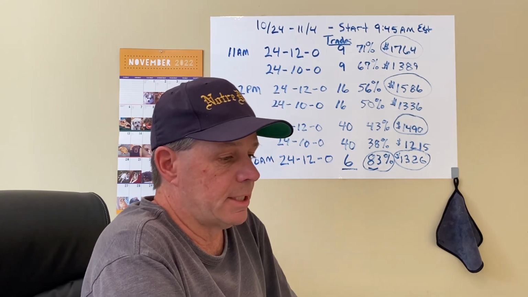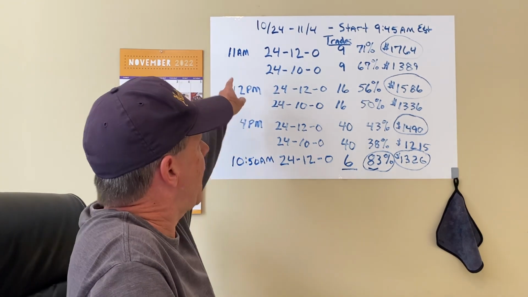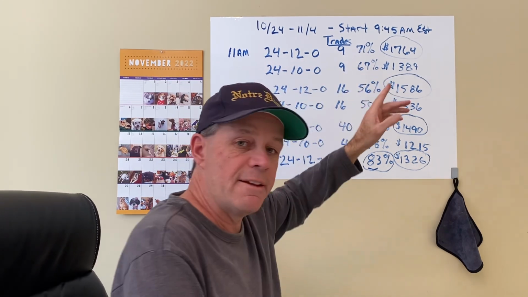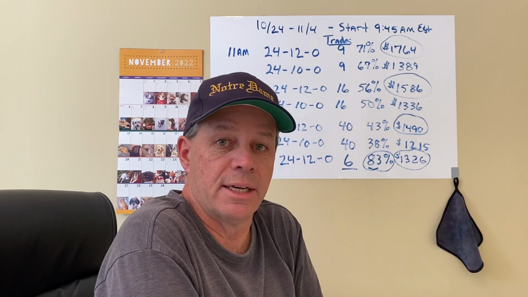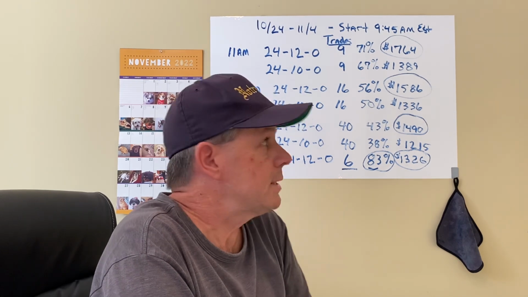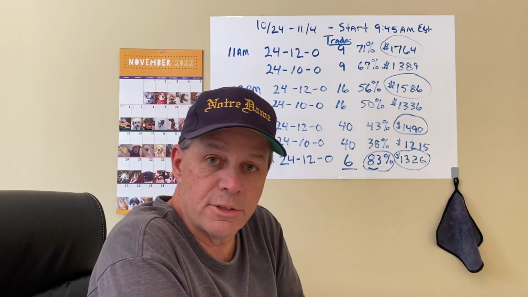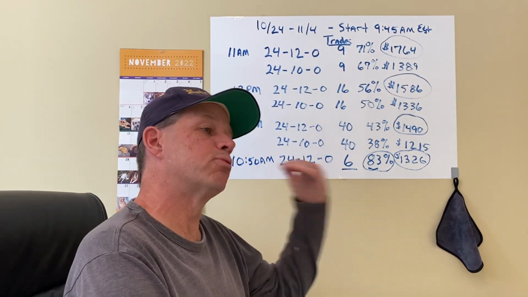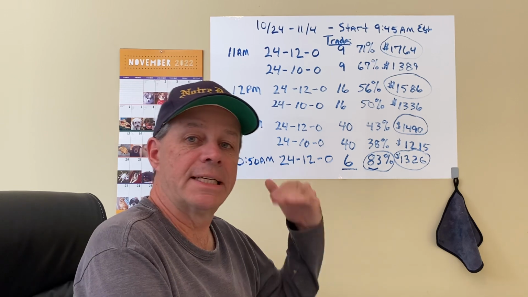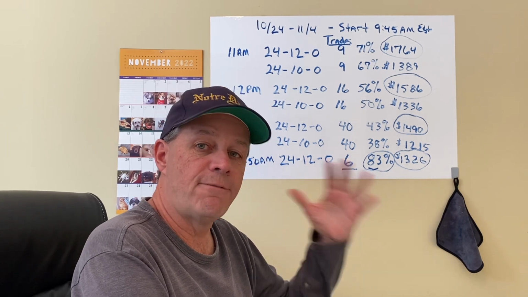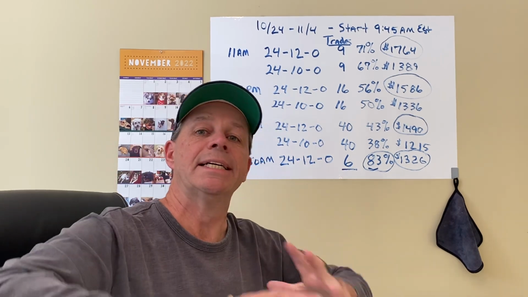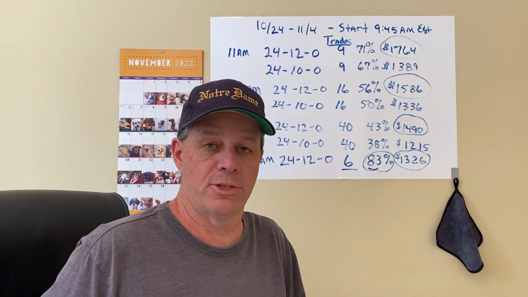But anyways, that right here is a very successful trading strategy. 71% win rate, $1,764 on one contract by playing the break of the candle on the 5-minute gold line. Continuation trade, just like the 1-minute continuation trade.